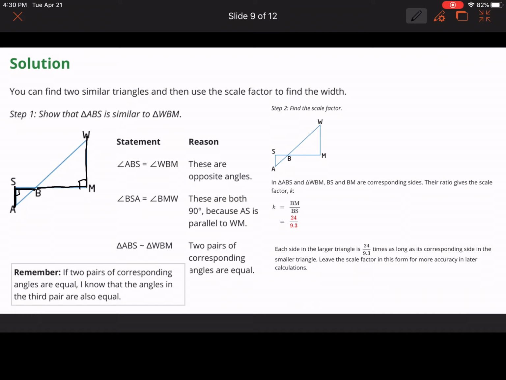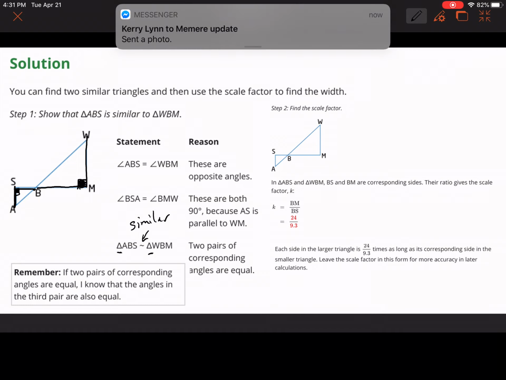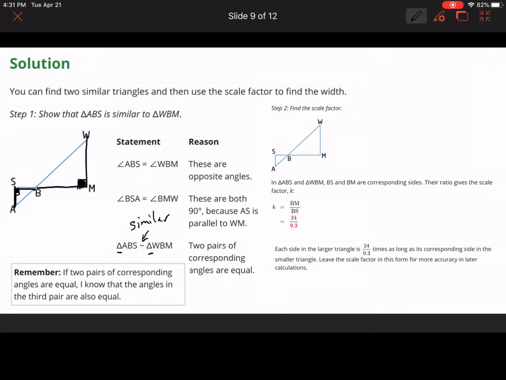So if we've got a straight line going across with B, and we knew that this one was already a right angle, that proves that this one is also a right angle. So therefore, triangle ABS and triangle WBM are similar. That's what that symbol means. So two pairs of corresponding angles we've proven are the same, therefore they're similar triangles.